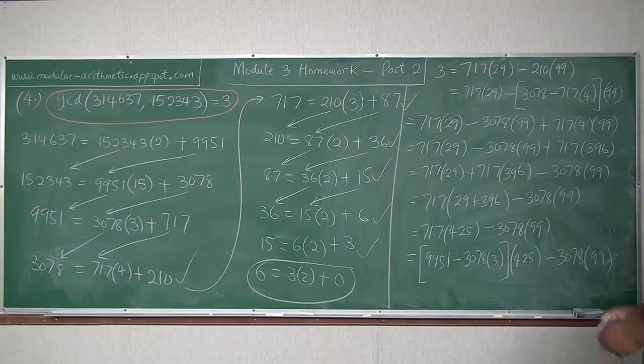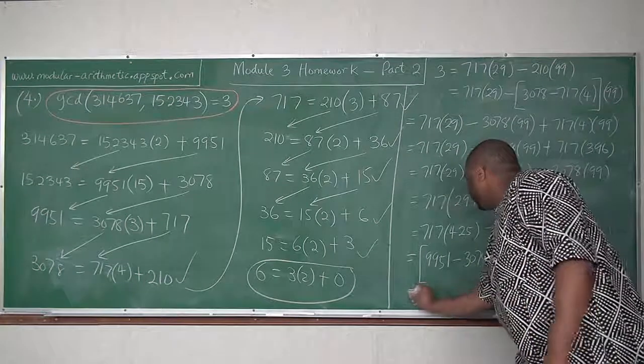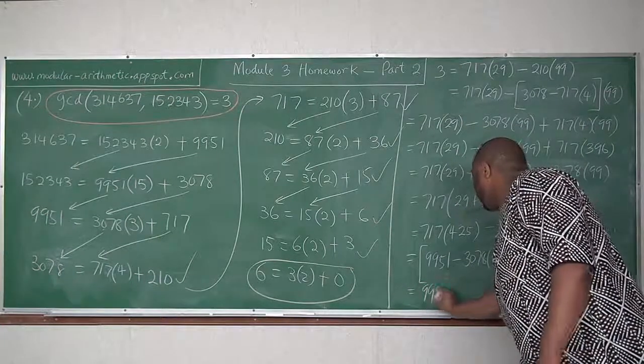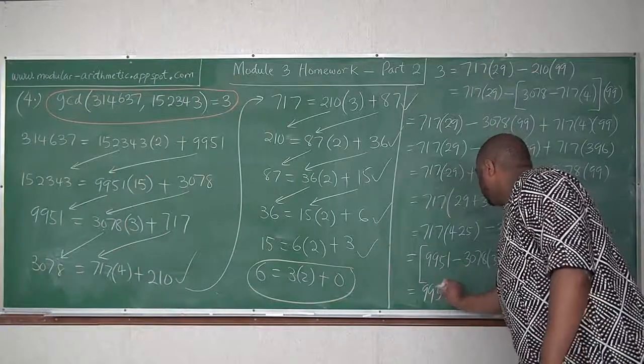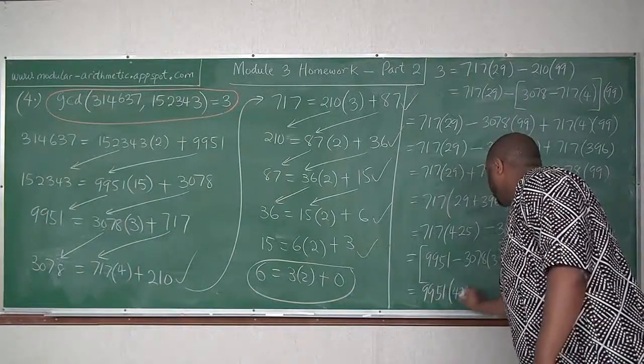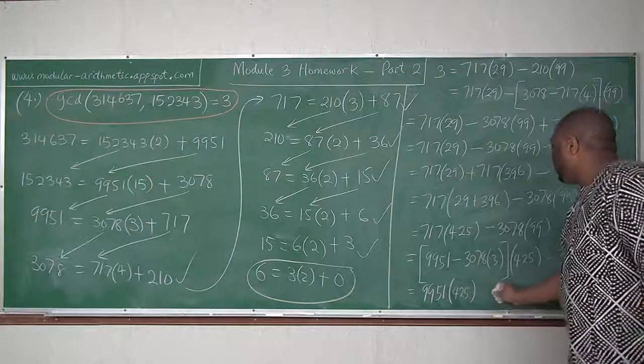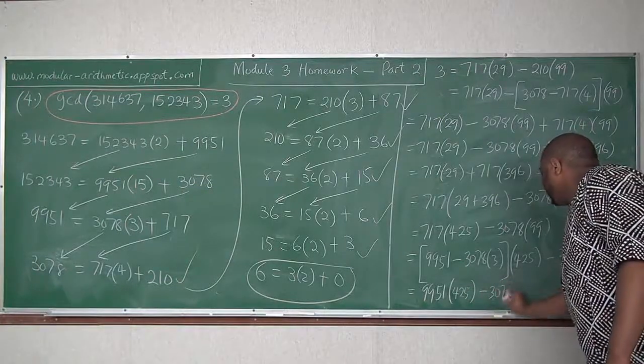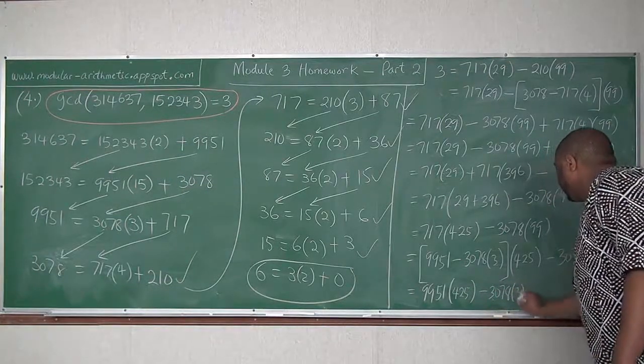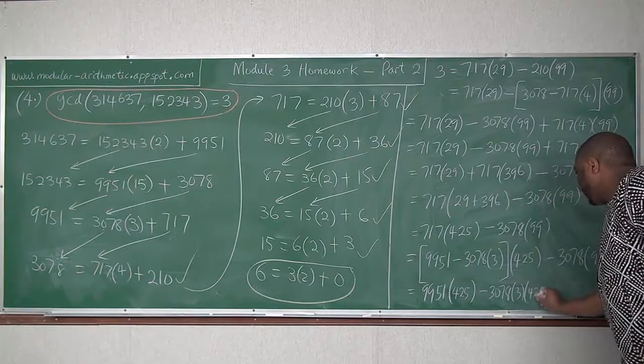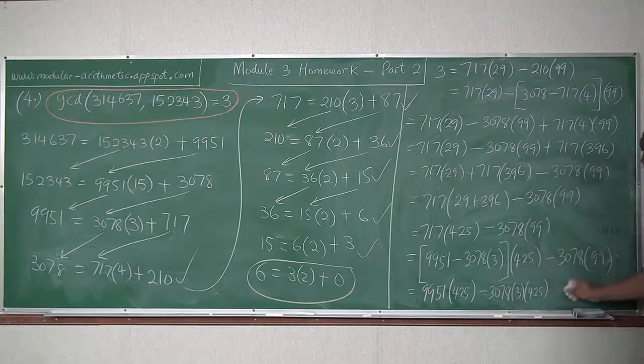Okay? So let me go ahead and distribute. This is 9951 times 425 minus 3078 times 3 times 425 minus 3078 times 99.